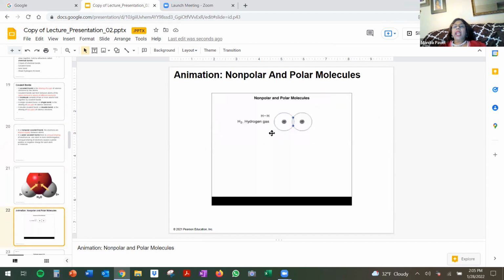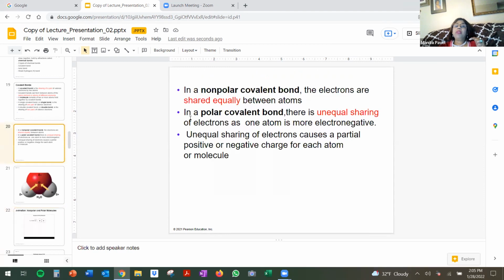So we can see hydrogen gas would be for same atoms. So would that be a polar or a non-polar? If polar is unequal sharing, then what happens for non-polar? In non-polar, electrons are shared equally.